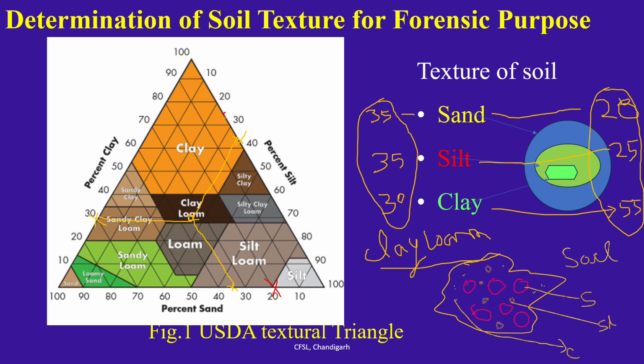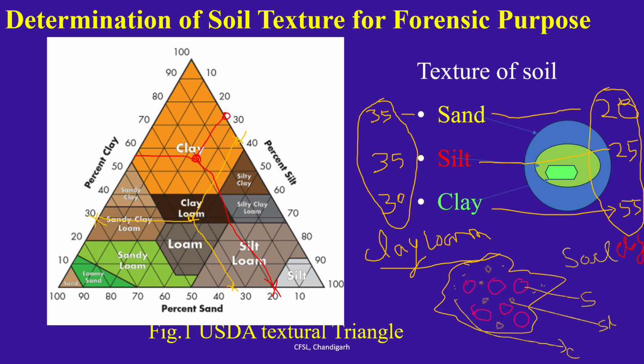We follow this line, and here is this line, and we follow this line, and clay is equal to 55. So the nature of the soil is clay. If these are the percentages, we can say the nature of the soil is clay.